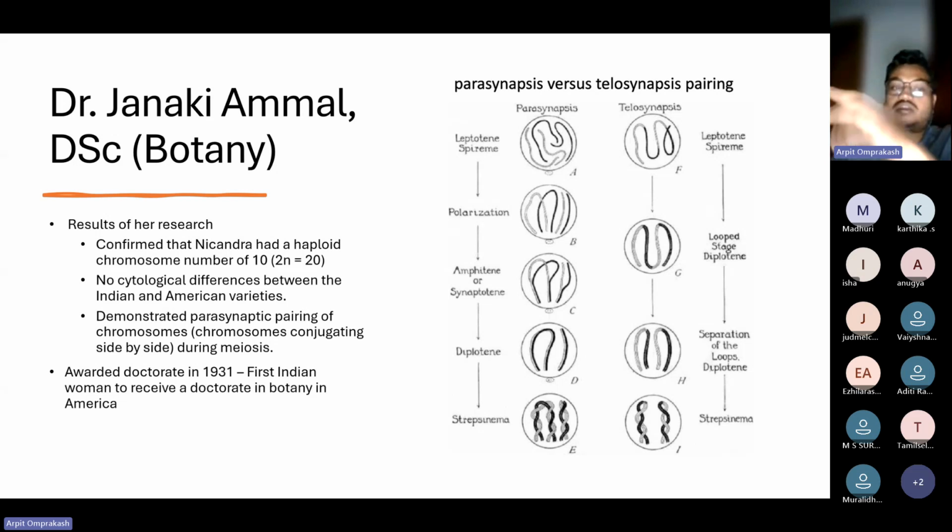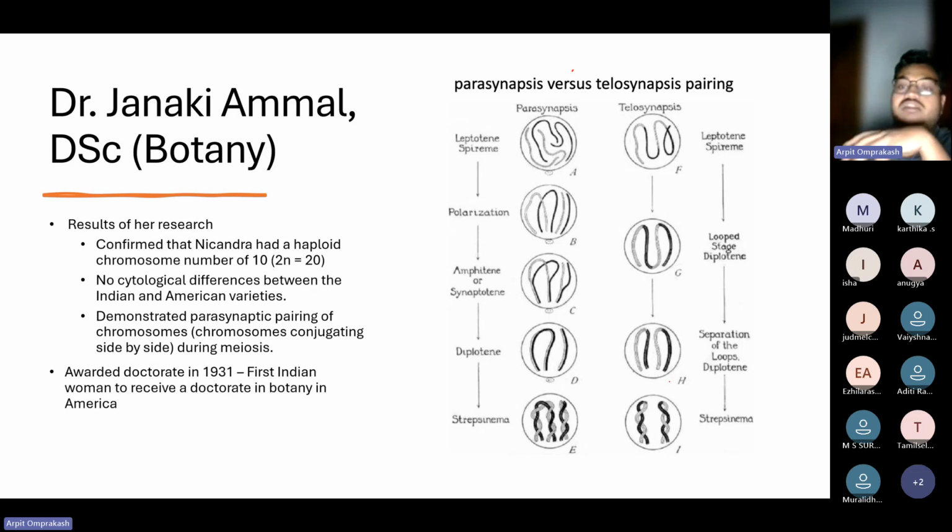And then she went on to demonstrate that during meiosis, the chromosomes present in the cells conjugate side by side, which is also known as parasynaptic pairing. So here we can see that parasynaptic pairing is two chromosomes present side by side, combining side by side and then interlocking, whereas telosynaptic pairing is chromosomes combining end to end.